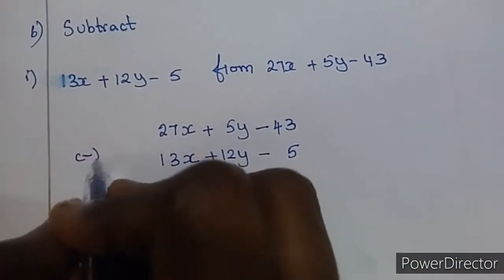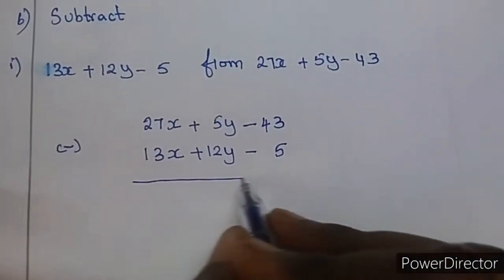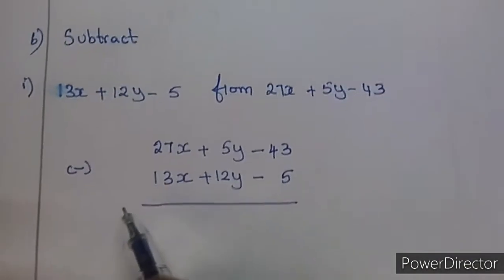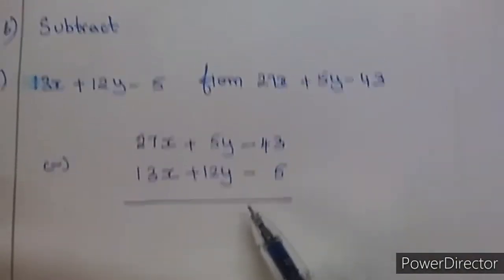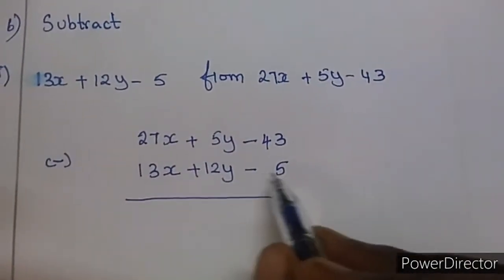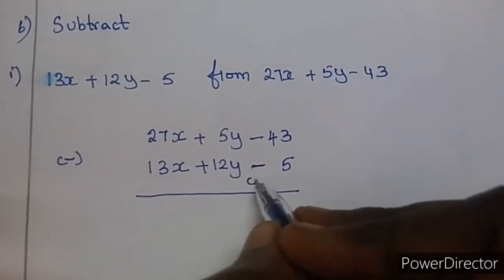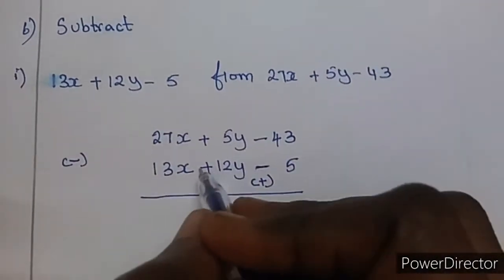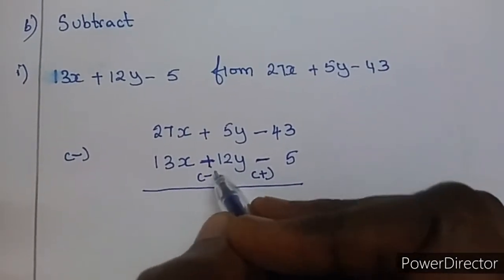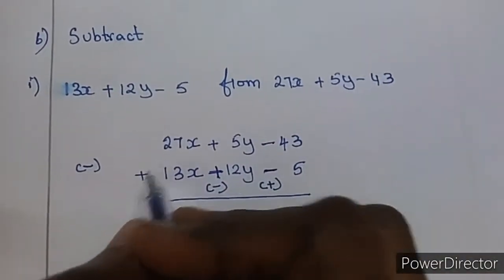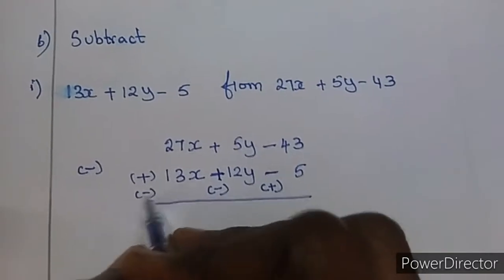Hence we have to subtract these two expressions. For subtraction, it is an easy method. Change the sign for the second expression. So minus sign will change as plus. Here plus, we can change it as minus. Here plus, we can change it as minus.